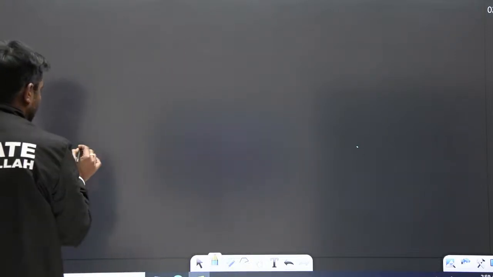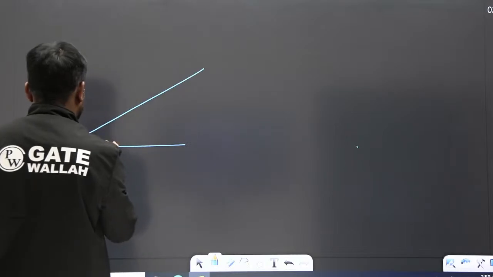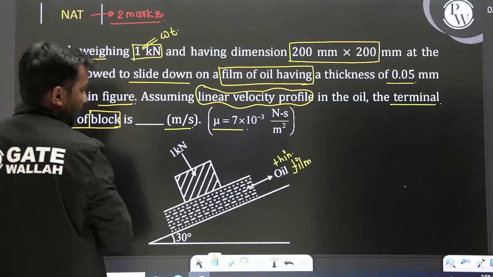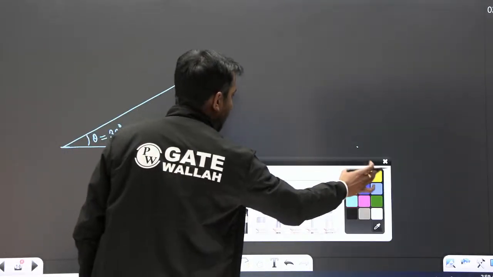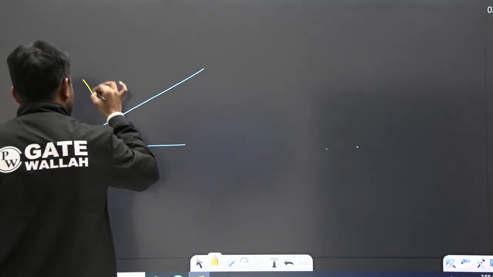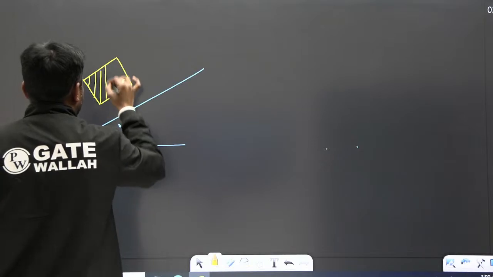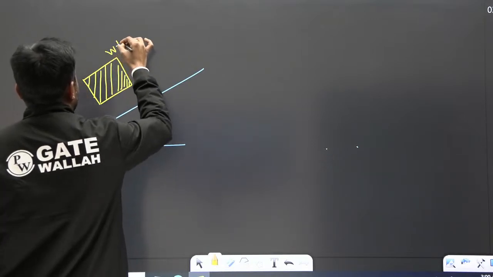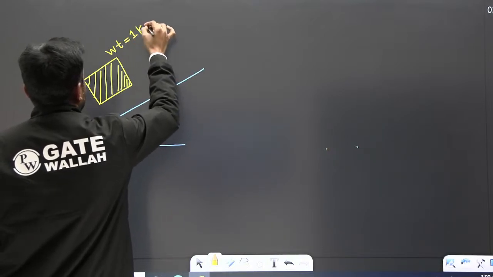So what is given? They have given that this is an inclined plane and theta is 30 degree. One block is placed on this inclined surface, but between the block and inclined surface there is a thin film of oil.